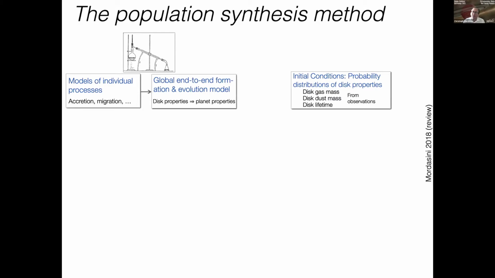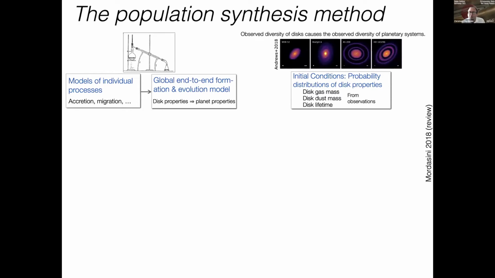So we can try to derive from observations, which is also not trivial, essential properties like the disk gas mass, the dust mass or the dust-to-gas ratio, and the disk lifetime. And here you have some actual observations with ALMA. The underlying idea here is that the observed diversity of disks is the reason for the observed diversity of planetary systems.